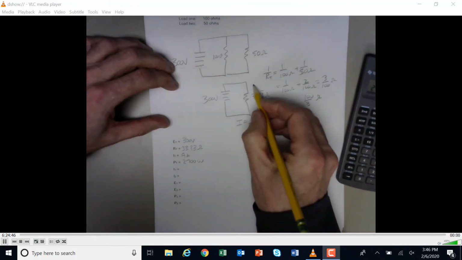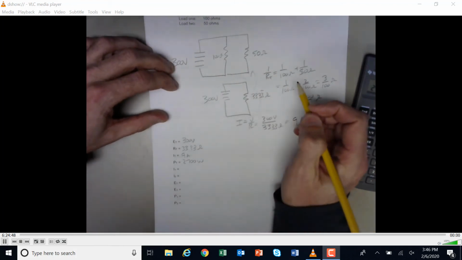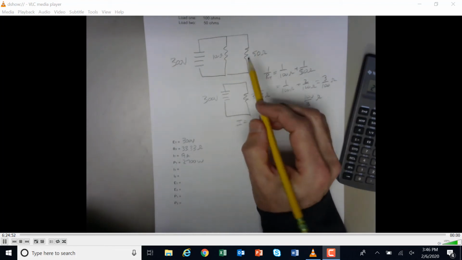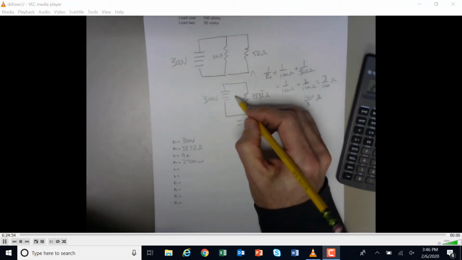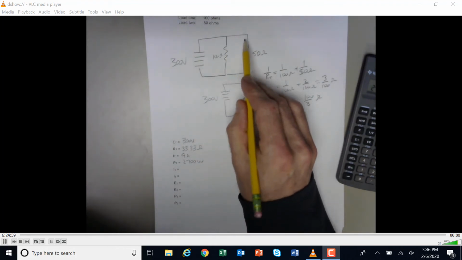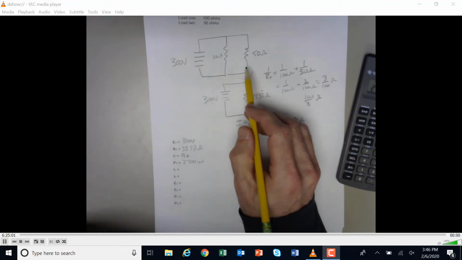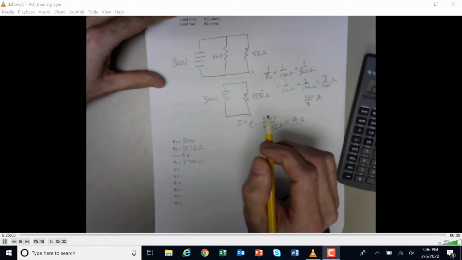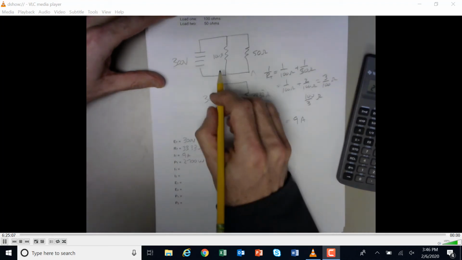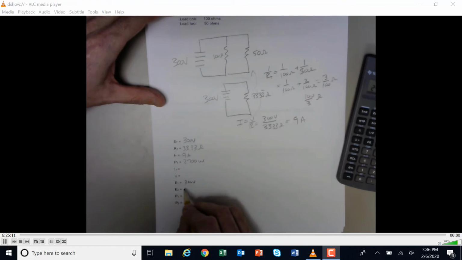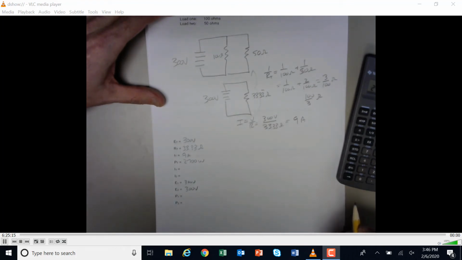Now I apply what I know up to here. Well, these are in parallel. So the voltage from here stays the same. And it's obvious that I have 300 volts here, so each one of these is getting 300 volts. The last time the current stayed the same, and in this case the voltage stays the same. So the voltage on the first resistor, 300 volts. The voltage on the second, 300 volts. Okay?